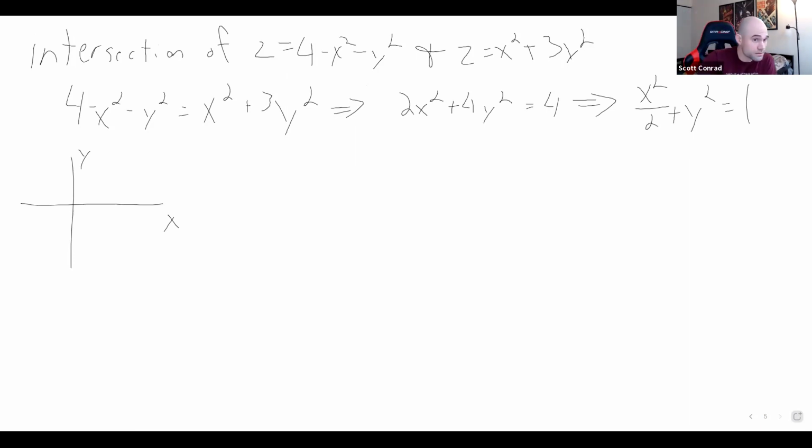So when we project this down to the xy plane, if we forget about z and sketch this guy in the xy plane, this is going to be an ellipse. What is the x radius of this ellipse?